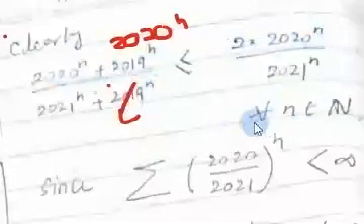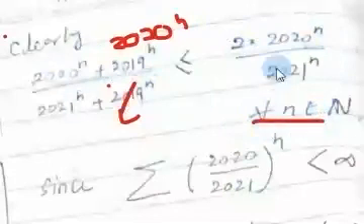This statement is very important. Don't forget to write these statements, right? Very important. This inequality is true for all natural numbers. So here, notice this one.